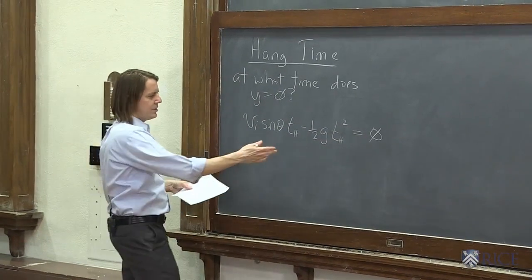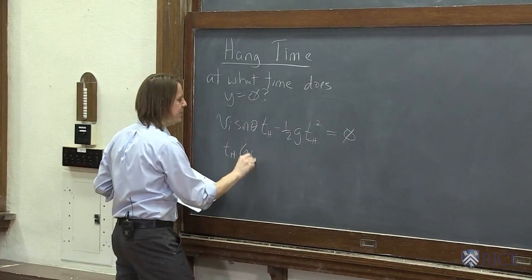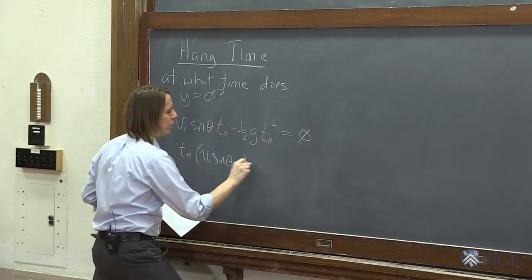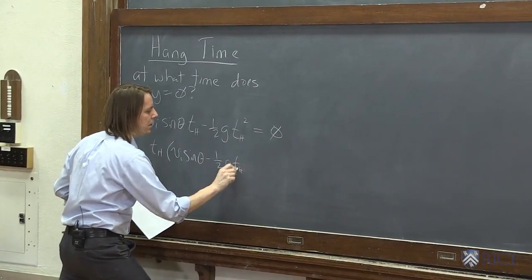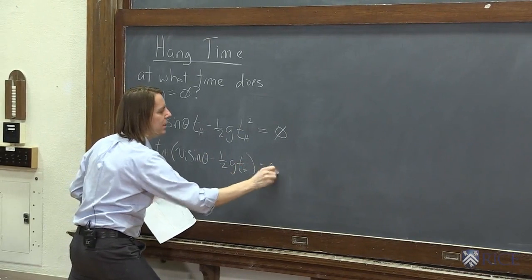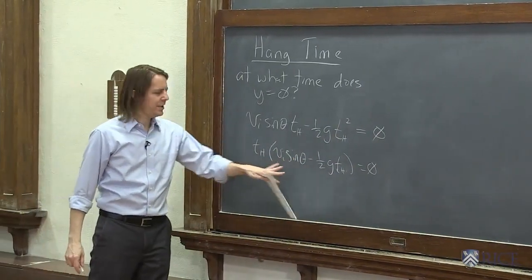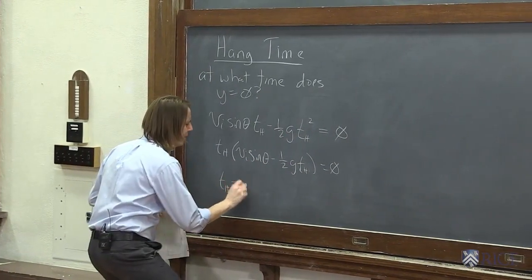So now we just solve this for th. So you'd probably factor it. So th times vi sine theta minus 1/2 g th, right? Because it was squared, so you pulled one out, equals 0. And if we want to solve this for th, well, one solution is if th equals 0. But that's not the hang time.